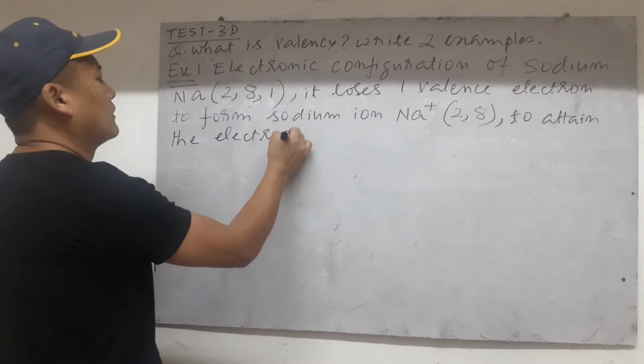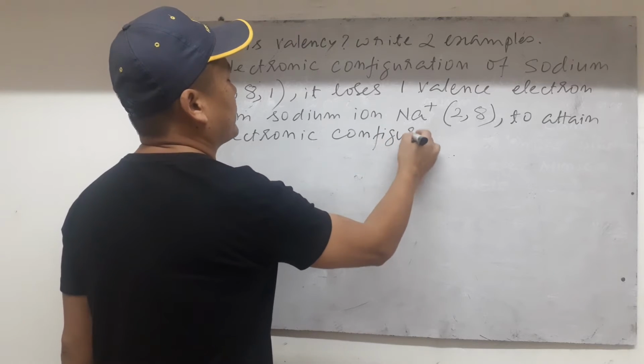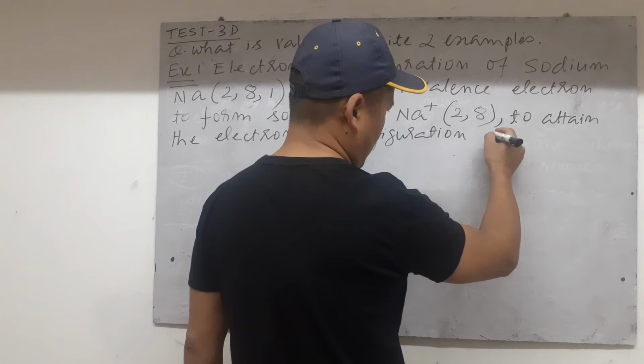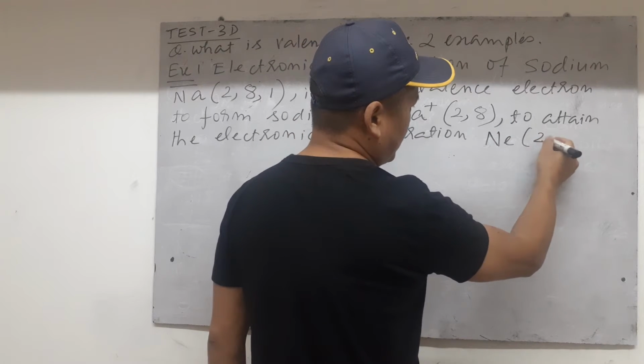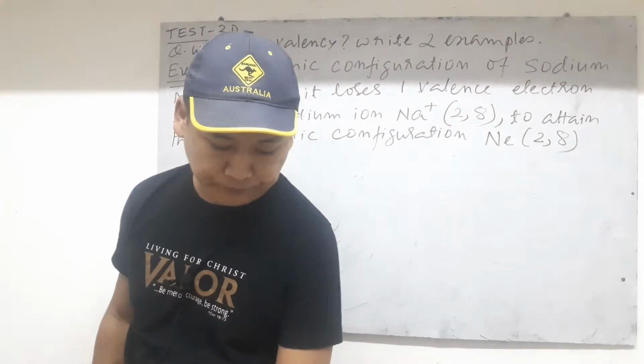To attain the electronic configuration of the nearest noble gas, neon, I think, which has 2 and 8. In the first class we did, right? Neon has 2 and 8.